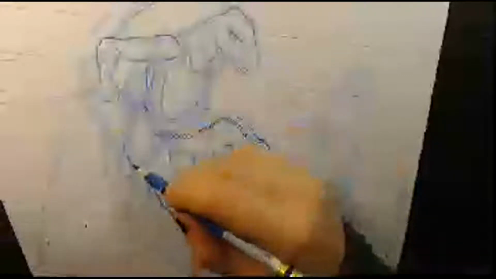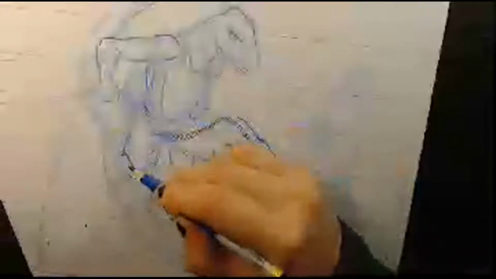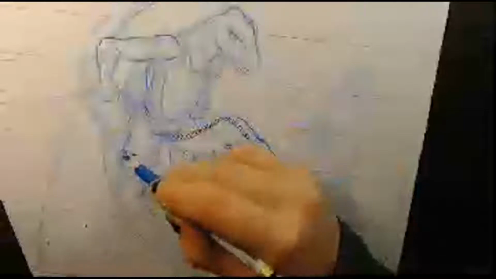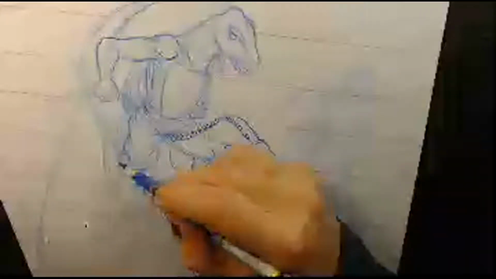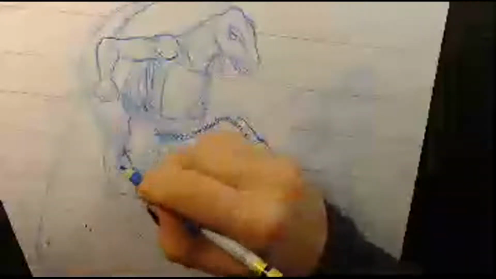All right. So there's his knee. His lower leg is kind of back. Or rather, based on the way that I have this working and the rest of this, it should kind of just be down.